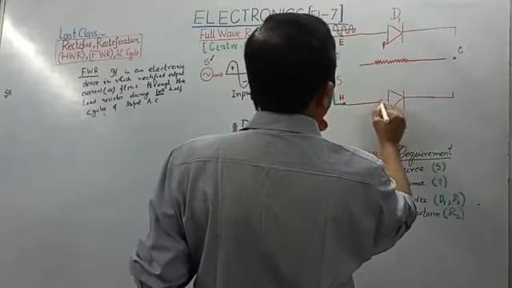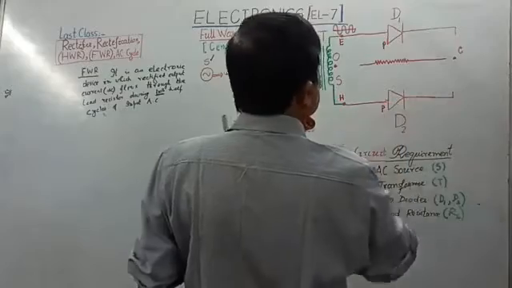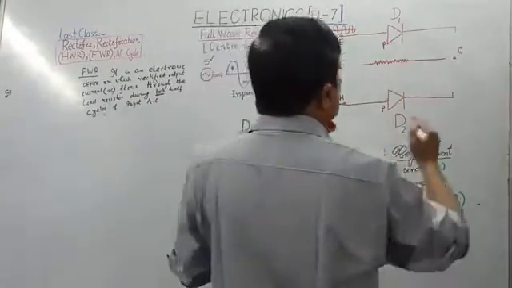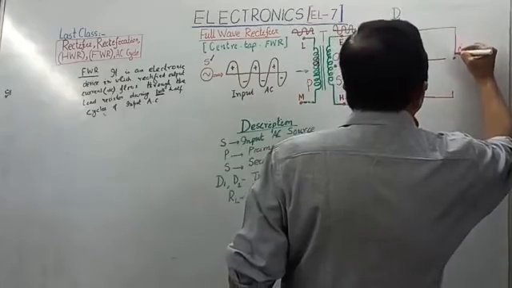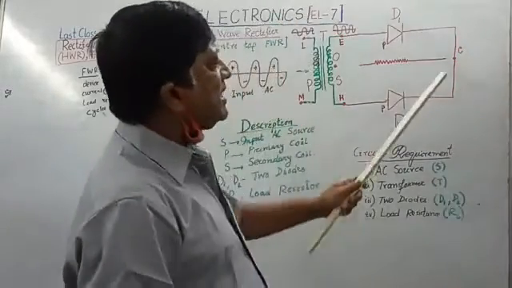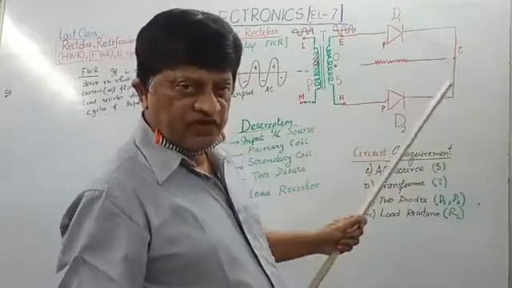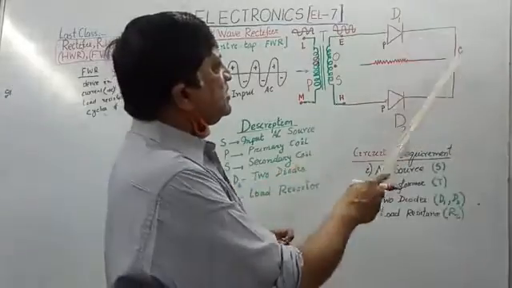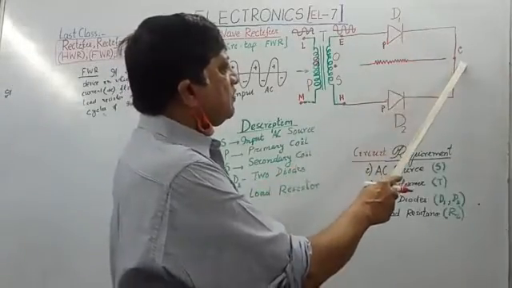This is completed. Then the N section, the two N sections are combined at point C. Very simple. Then this is the center tap point, and this is the N and N combination point.